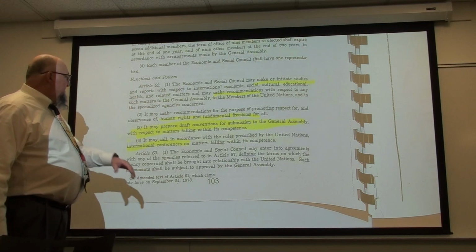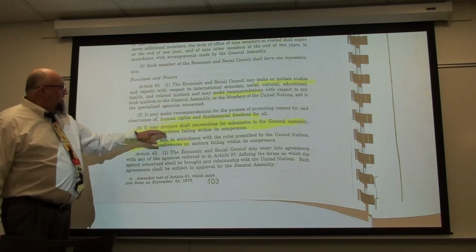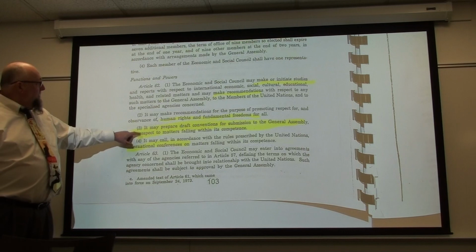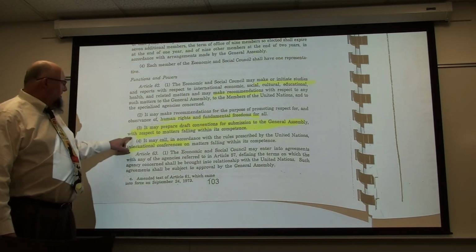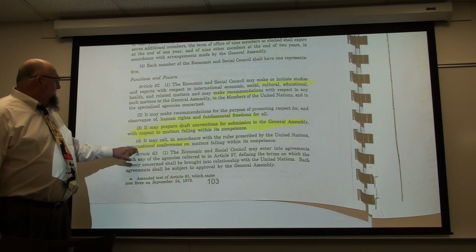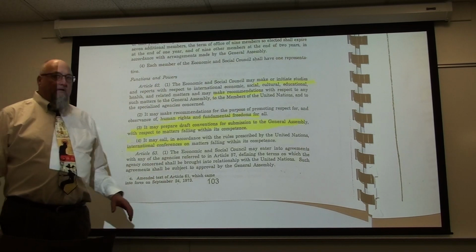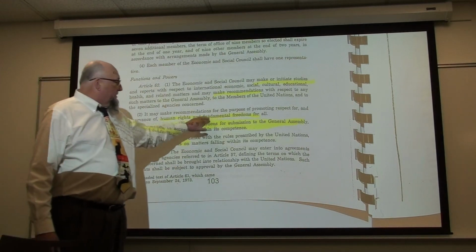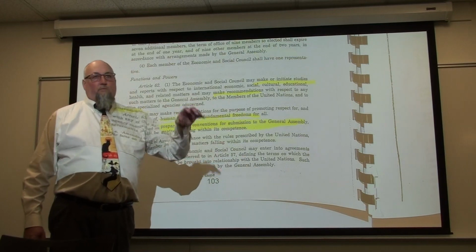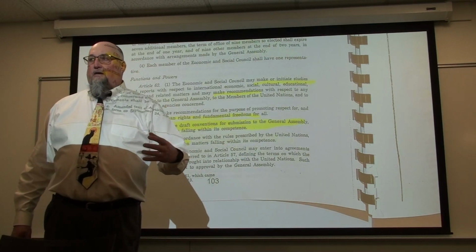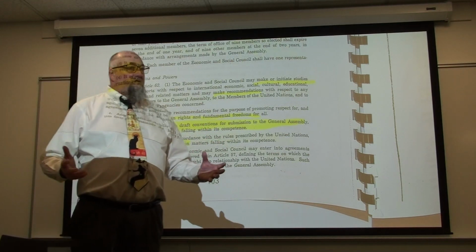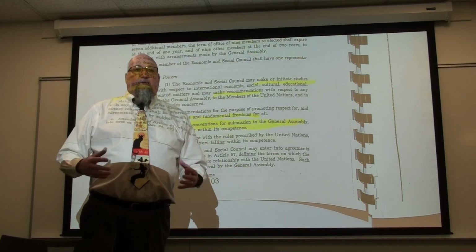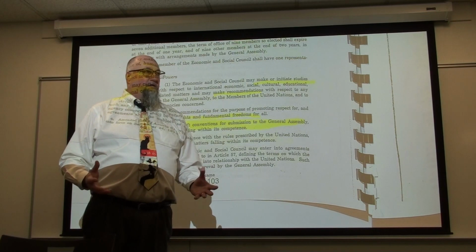That includes, right here, very specifically, the ability to prepare draft conventions for submission to the General Assembly, and to call on United Nations members in international conferences. So on paper, one of the ideas behind ECOSOC is to initiate these conventions. Remember, a convention is essentially a large treaty involving a specific area of international law.